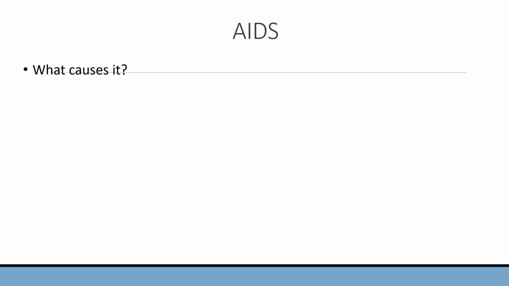So AIDS is going to be our topic for immunodeficiency. And what causes AIDS? It is HIV, the human immunodeficiency virus, which is a retrovirus, meaning it uses our machinery to replicate itself. HIV infects CD4 cells, otherwise known as helper T cells, and macrophages to take over that machinery.